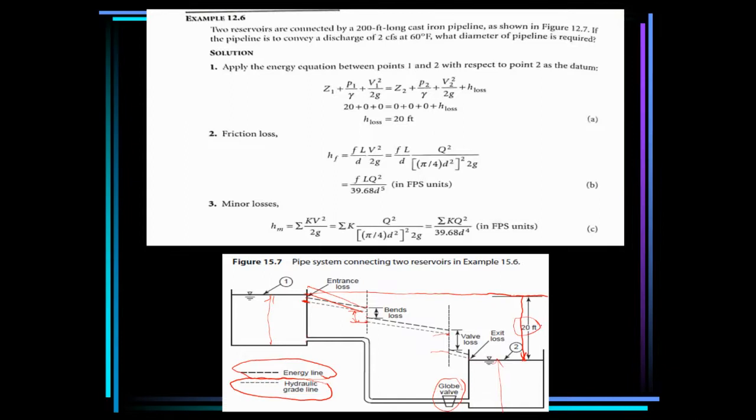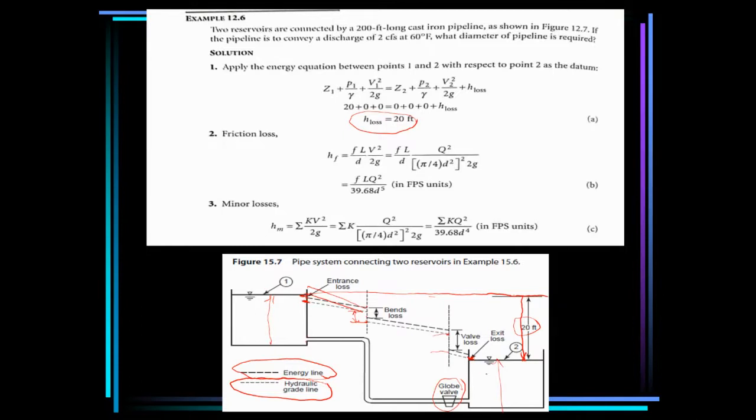So by looking at it without doing anything, you can say that the head loss is simply the difference in the elevation, because ideally the pressure head is supposed to be maintained from this level in this reservoir to this level in this reservoir, if not for the losses. The losses are what reduce the pressure head. And this is proved using the energy equation applied between point 1 and point 2.